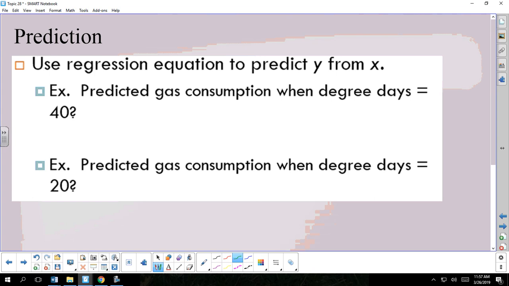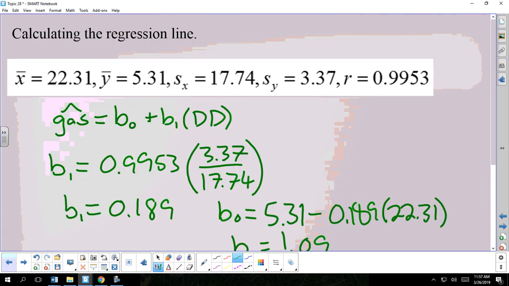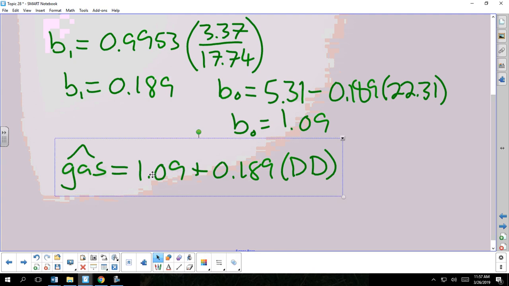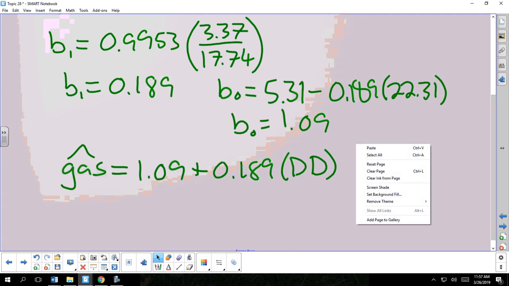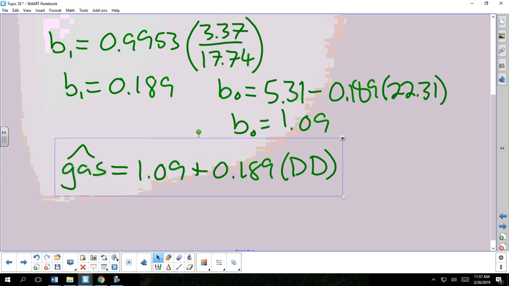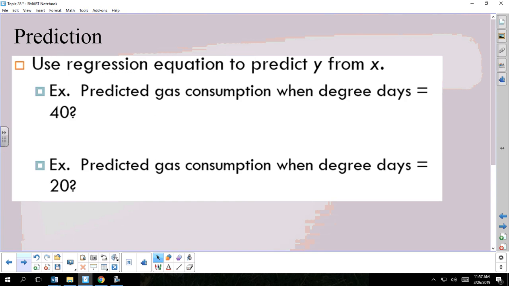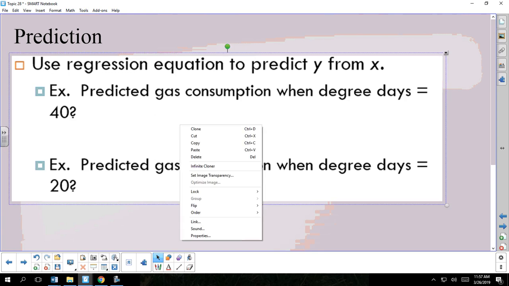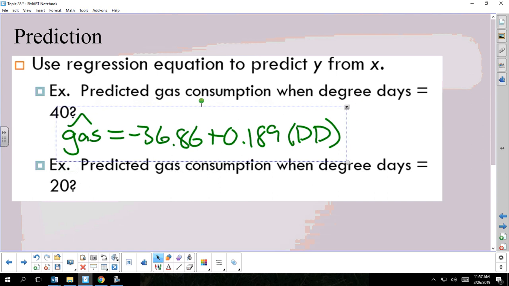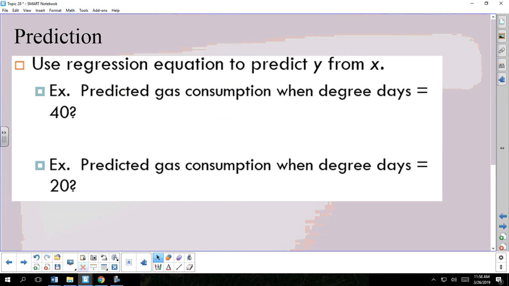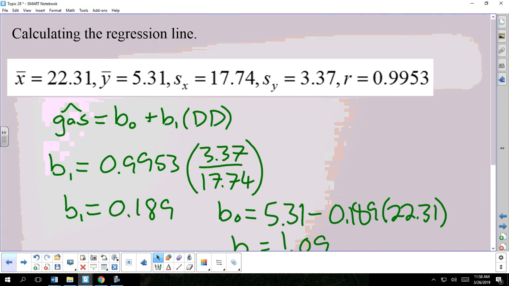So let's go back and grab this and use it to make predictions. There's our regression line.